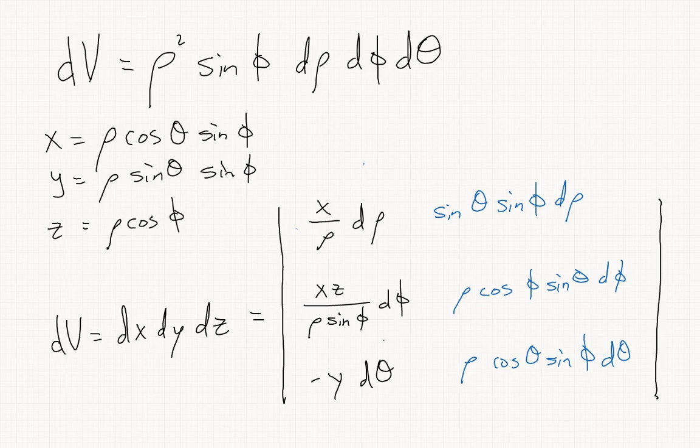Now again, we can rewrite this. This is y over rho d rho.